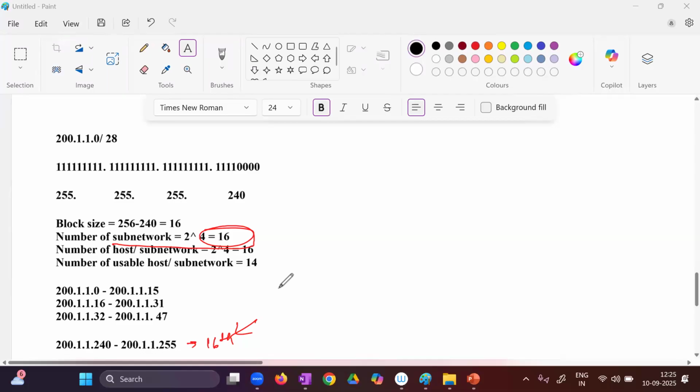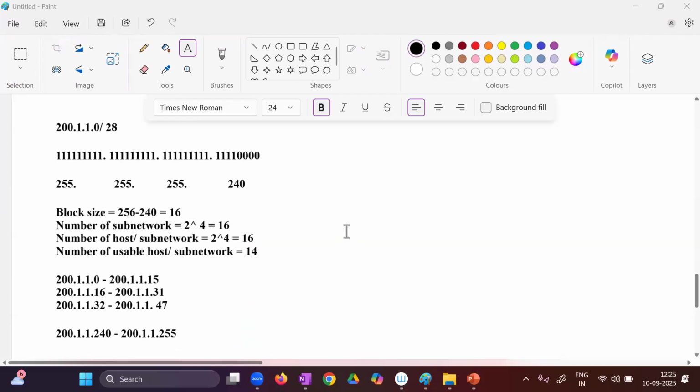Clear? So here, if anyone is asking you, tell me what is the number of subnetworks, then this method you can prefer, and it is fine.